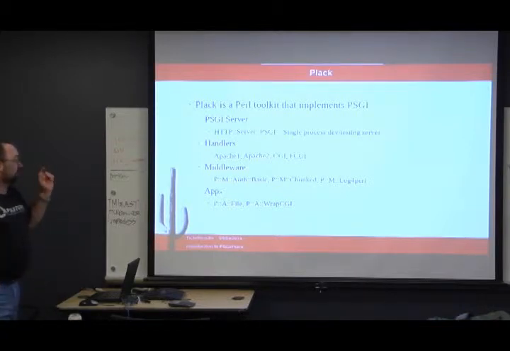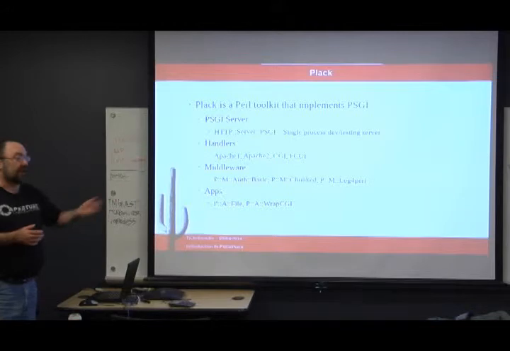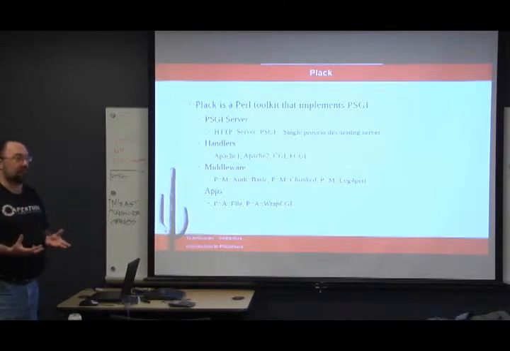It also comes with some apps that you can actually use. It comes with File app, which just serves up static files. We'll actually see an example of that. It comes with one that does Wrap CGI, where you can literally wrap your legacy CGI programs and not have to modify them at all.